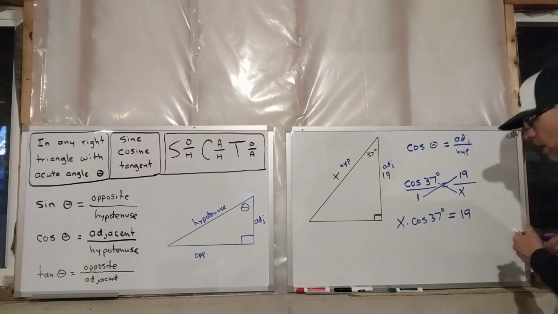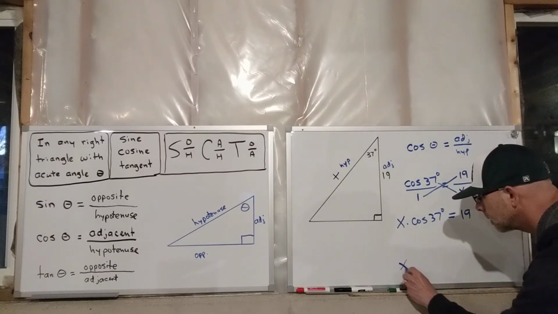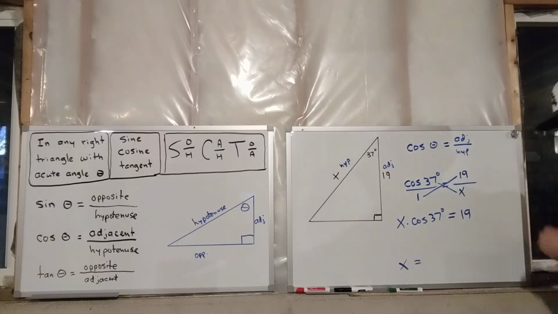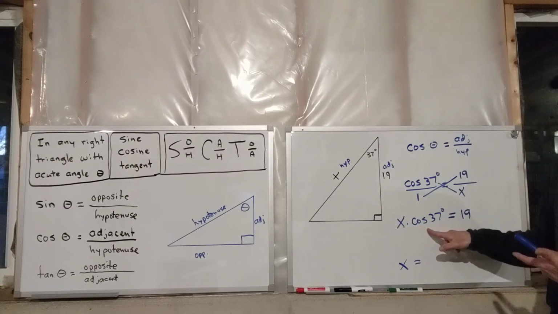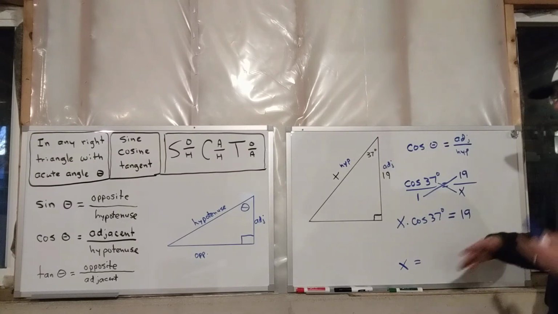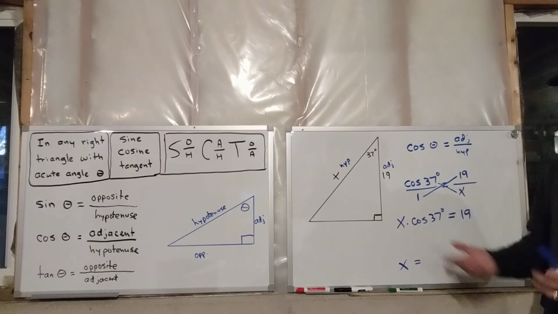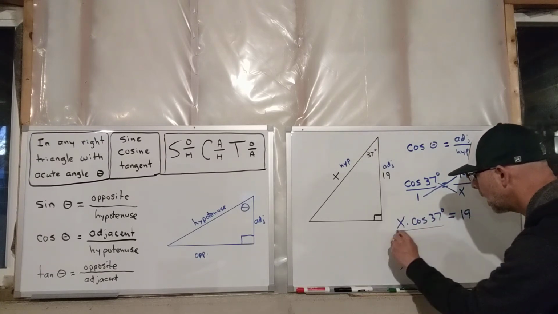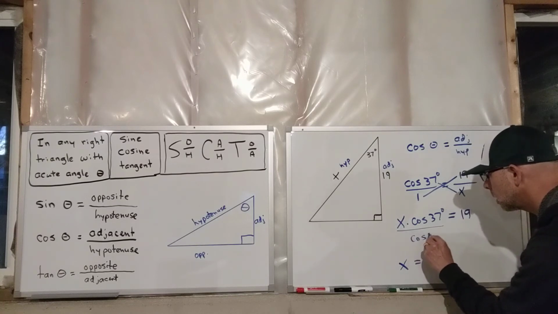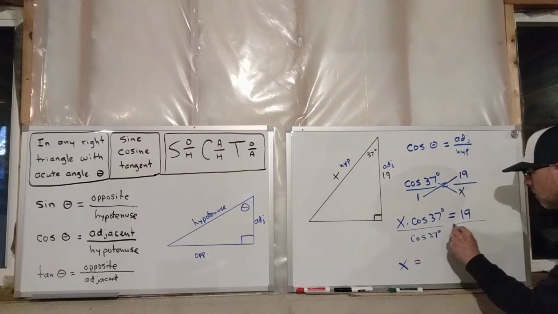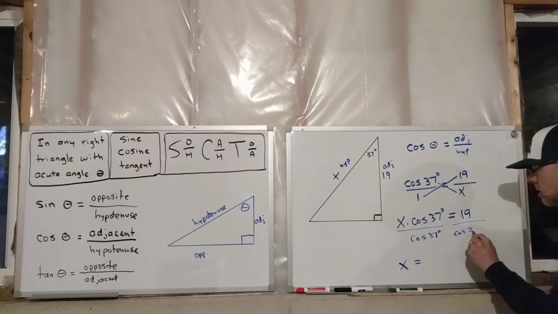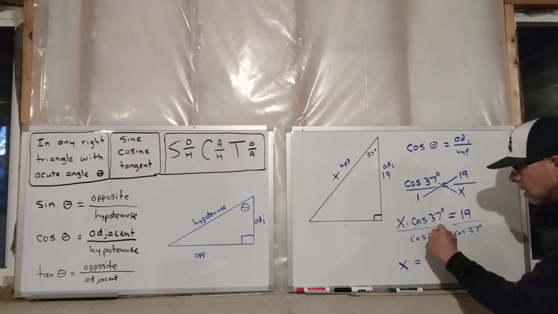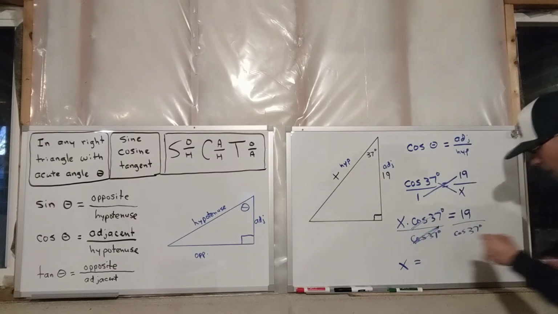Now, the variable I want it to say x equals has something multiplied to it, cosine 37. If you're ever solving and it's times, you divide both sides to get rid of that. So we are going to divide by cosine 37 degrees, divide by cosine 37 degrees, out, see, reduces, there's an x.